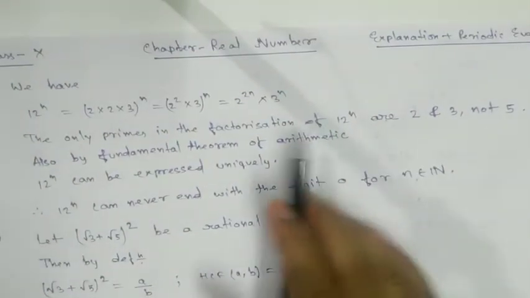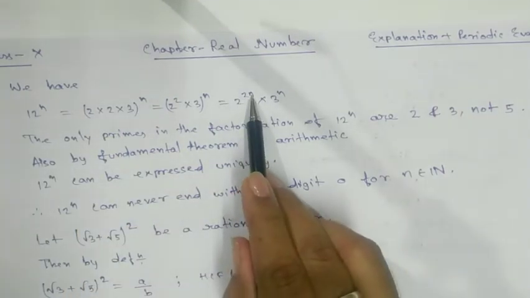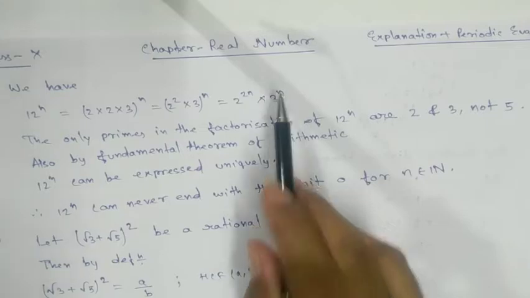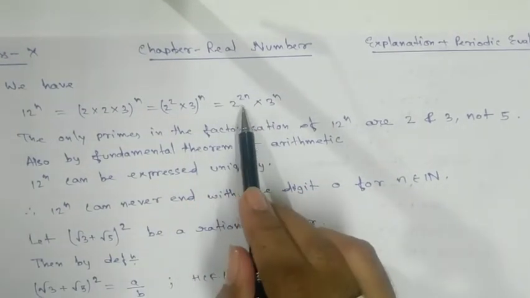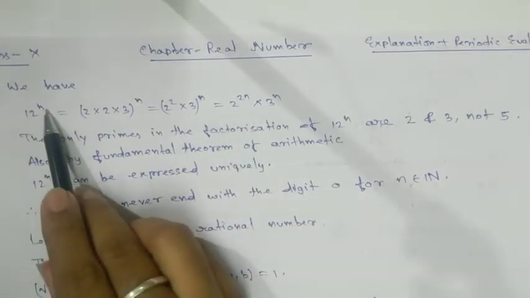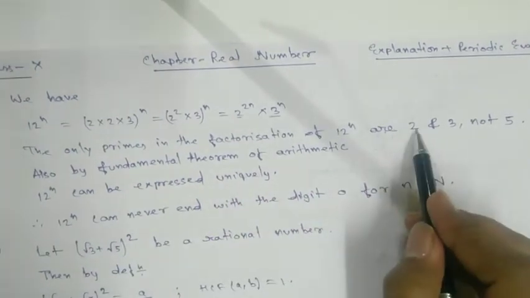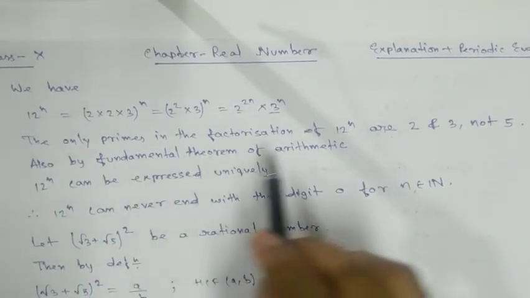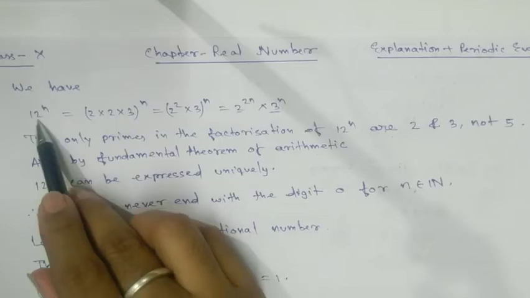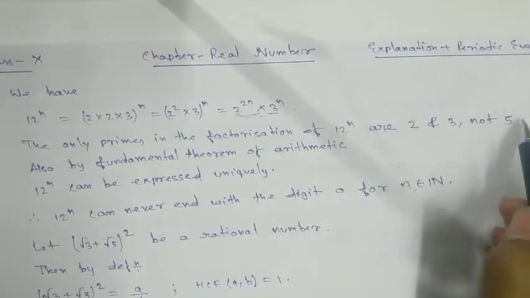Here you can see 12 can be written as 2 to the power 2n into 3 to the power n. Here you can see that the only prime factors of 12 to the power n are 2 and 3. You can see, not the 5. And also by the fundamental theorem of arithmetic, this expression is unique. That means we will never get any 5.